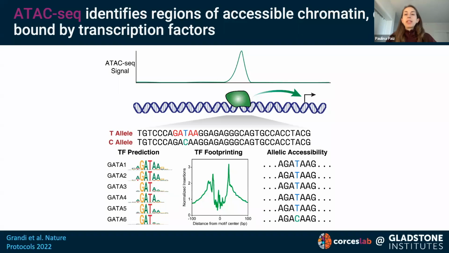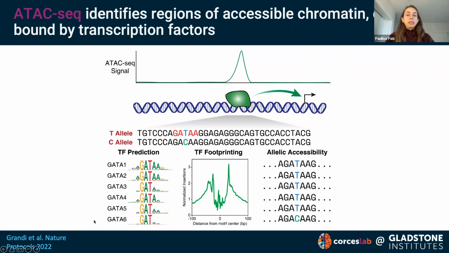If you're not familiar with ATAC-seq, it stands for Assay for Transposase Accessible Chromatin Using Sequencing. Today, I won't have time to go over the molecular background behind this, but I can point you to a publication that was released by our lab that goes into the protocol in detail.